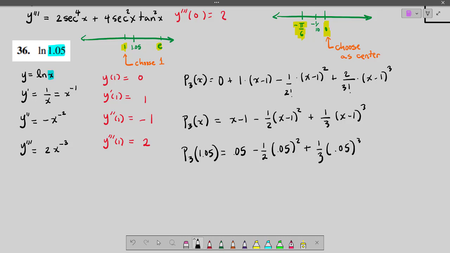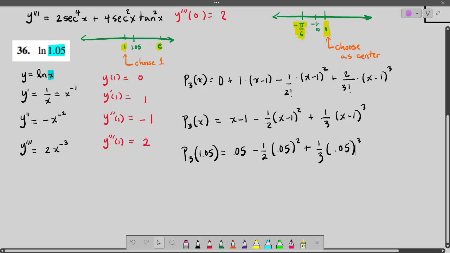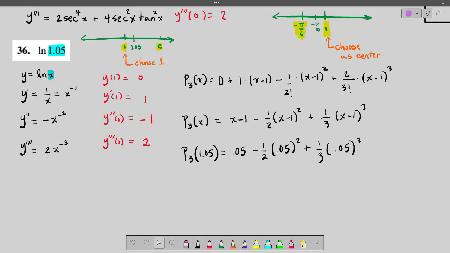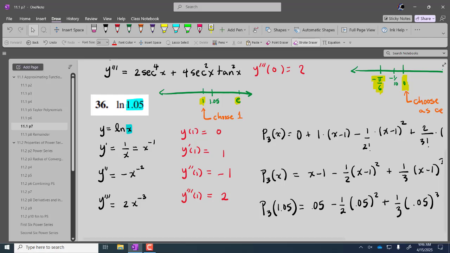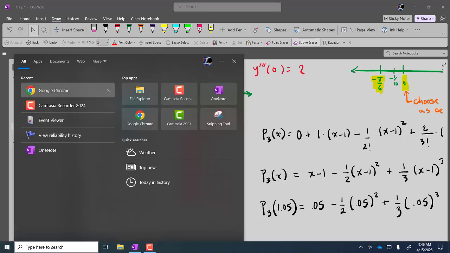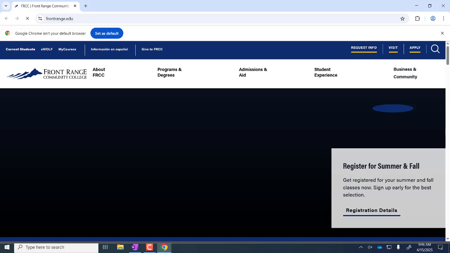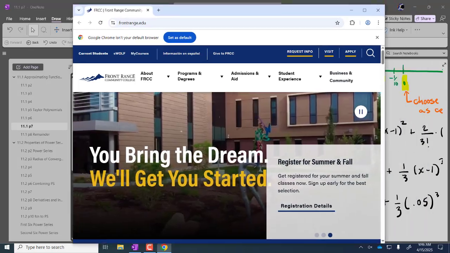So that'll be our approximation, and we'll just need to type that into some sort of scientific calculator.